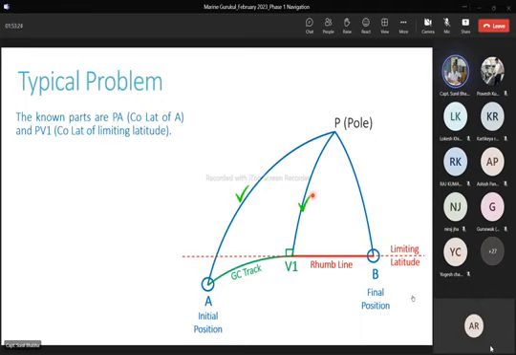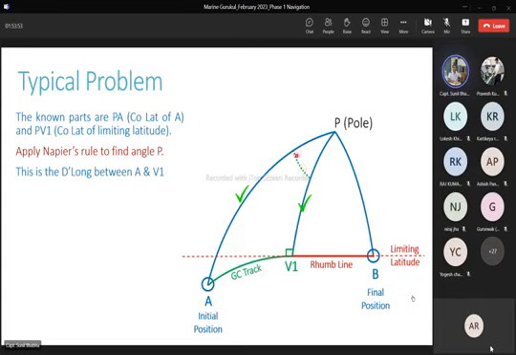Side PV1 is the colat of our limiting latitude. The limiting latitude is given to us in these questions, so it is 90 minus limiting latitude. So with these two parts, we enter into Napier's rule. And what do we find out? The first thing which we find out is angle P of this triangle.